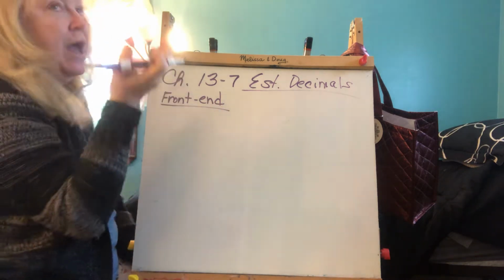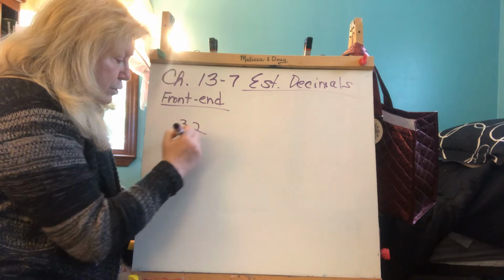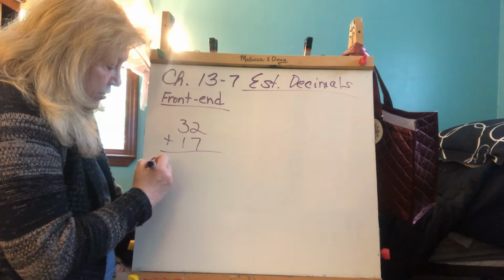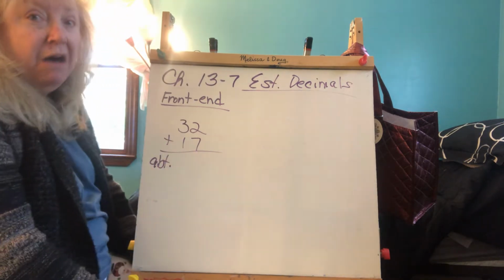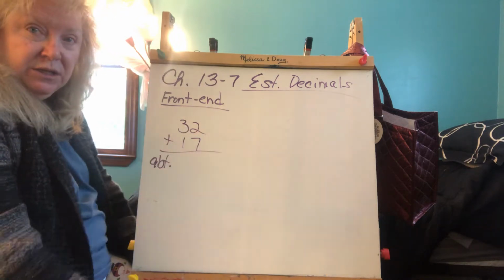So let's say you were asked to add 32 plus 17, and you wanted an estimate. You didn't need to know an exact answer. You were buying fabric and you wanted to make sure you had enough to make something. You needed 32 yards and you needed 17 yards.